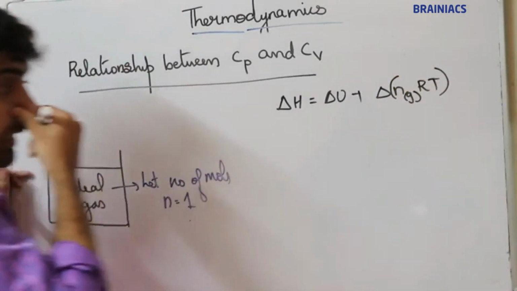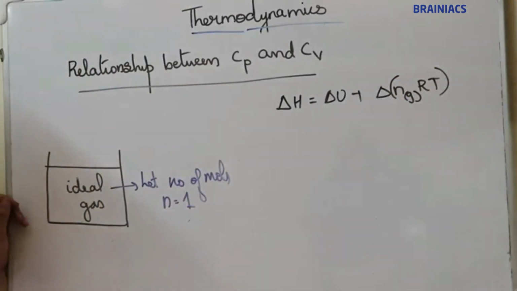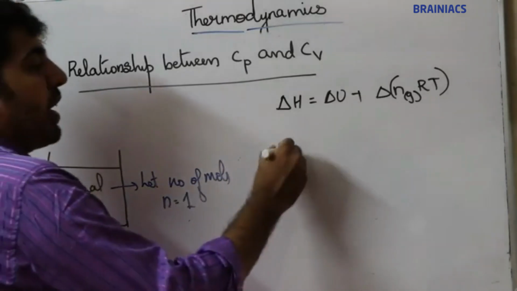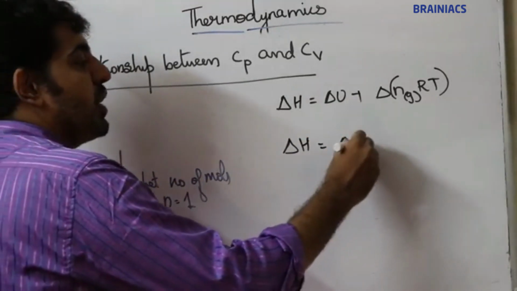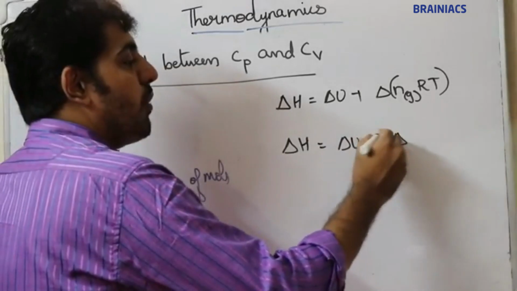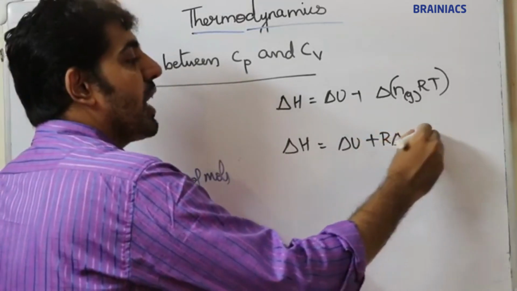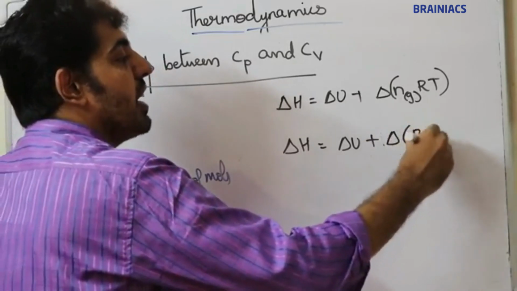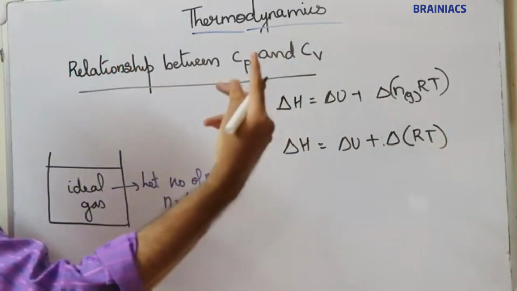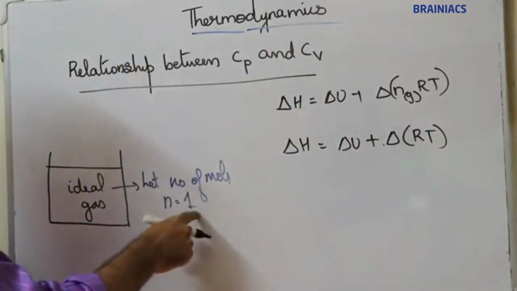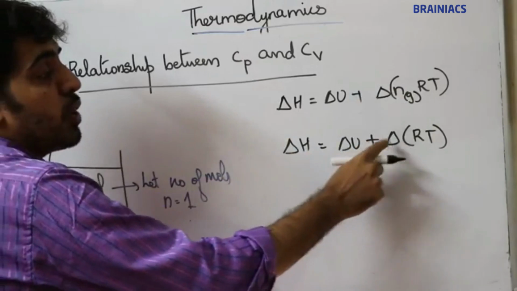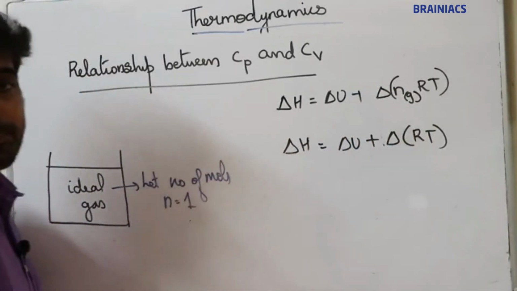For 1 mole, you can write delta H is equal to delta U plus delta of RT, because here N is 1. So delta H is equal to delta U plus delta RT.